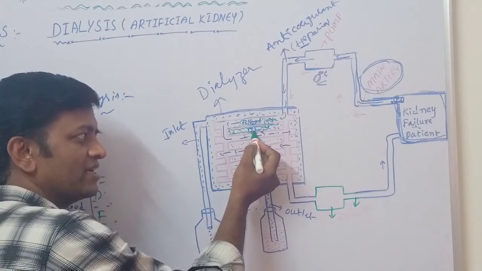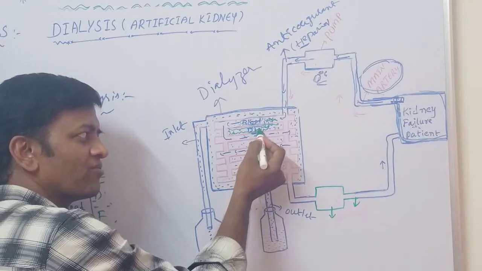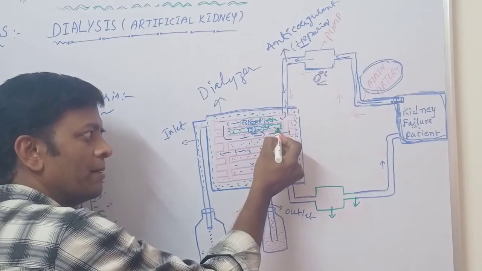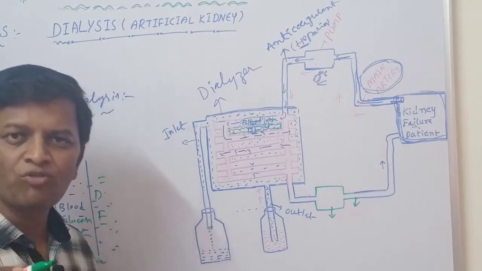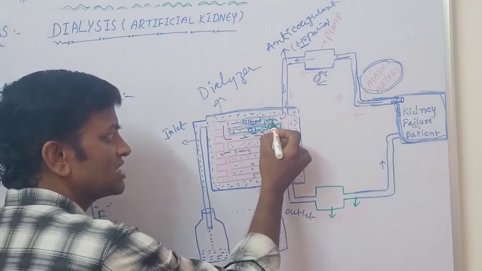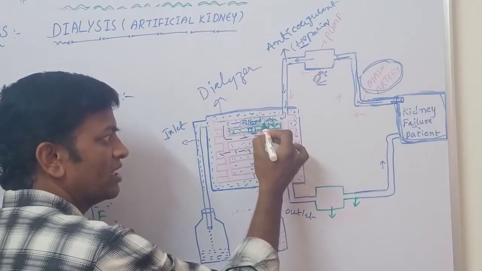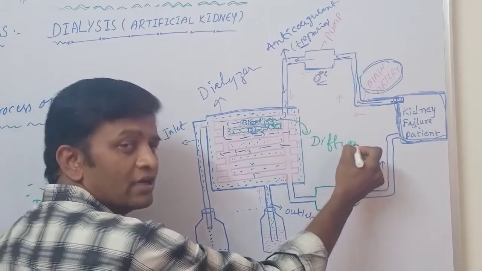Outside, dialyzing fluid is there. So blood and dialyzing fluid are separated by a semi-permeable membrane or cellophane membrane. This membrane allows the waste materials from blood to dialyzing fluid by the process of diffusion.